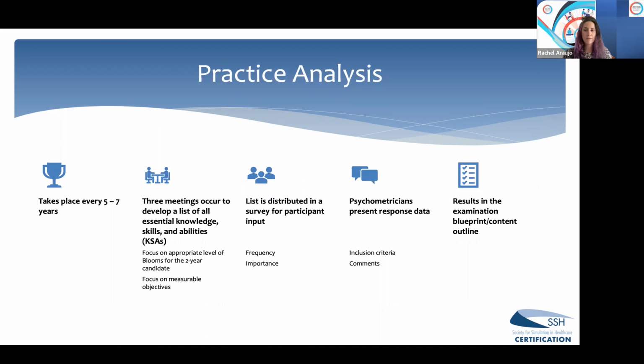Each meeting happens in a different location. So we have a North America meeting, a Southeast Asia meeting, and then a European meeting. And all of those 3 meetings are with different groups of subject matter experts. And we say, okay, what are the essential knowledge, skills, and abilities to being either a simulation healthcare educator or an operations specialist?